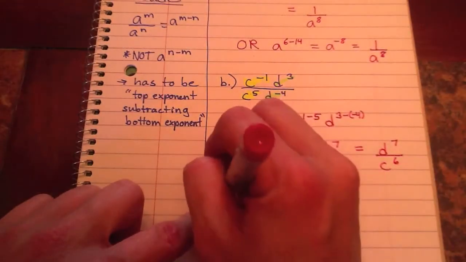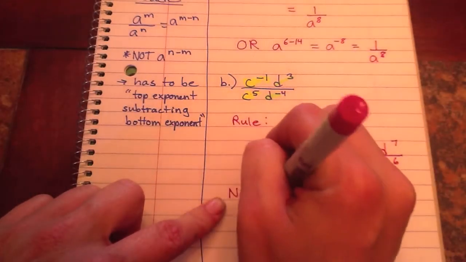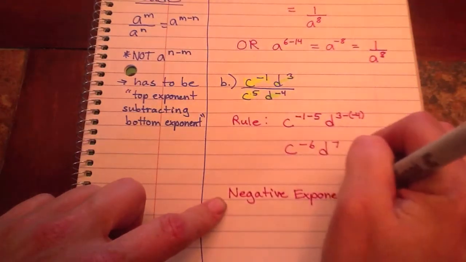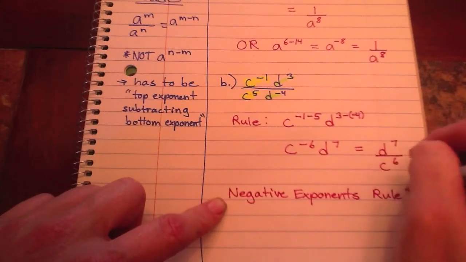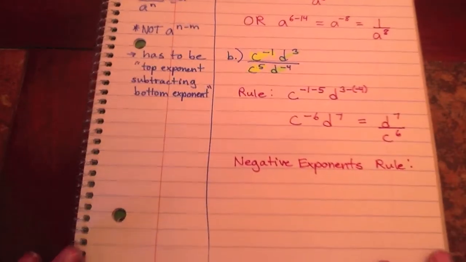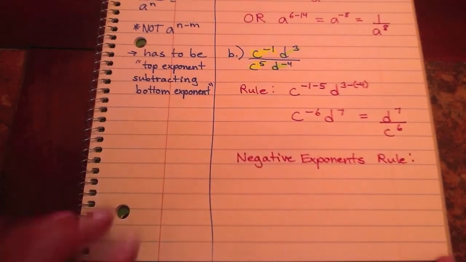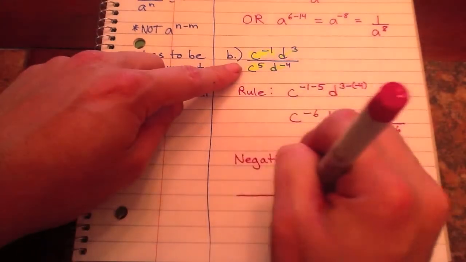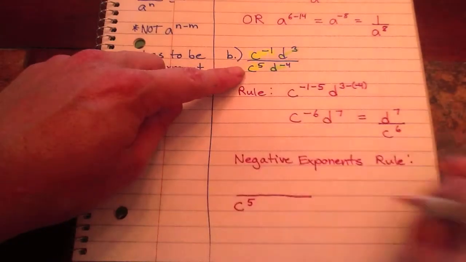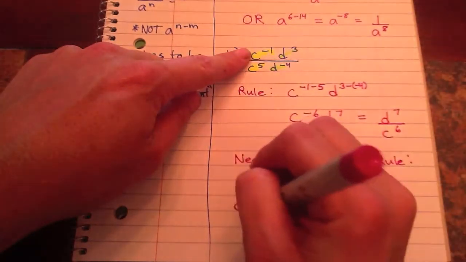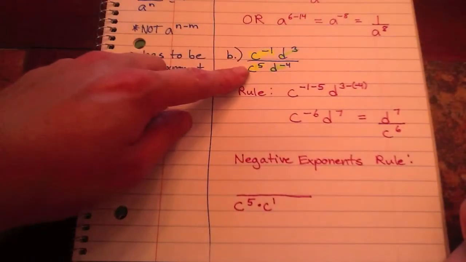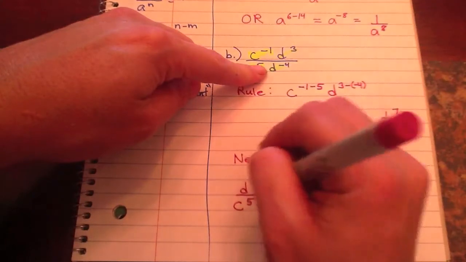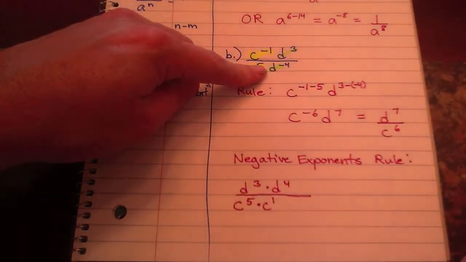Or you could use the negative exponents rule, where you move them and then you start simplifying from there. So if I'd done that, it would have looked something like this. I would have had c to the fifth would have stayed, times c to the first would have moved down, d to the third would have stayed, d to the fourth would have moved up.